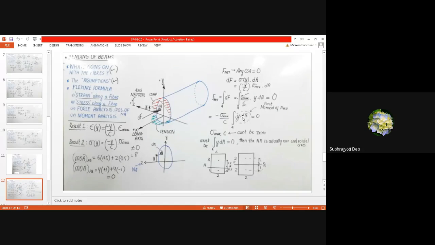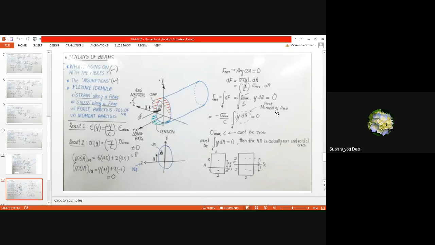If you multiply area with a distance, this is known as moment of area. So in our analysis, you will get two moments of area. In the next step, in the moment analysis, we will get the second moment of area. So integration of y dA is known as the first moment of area.